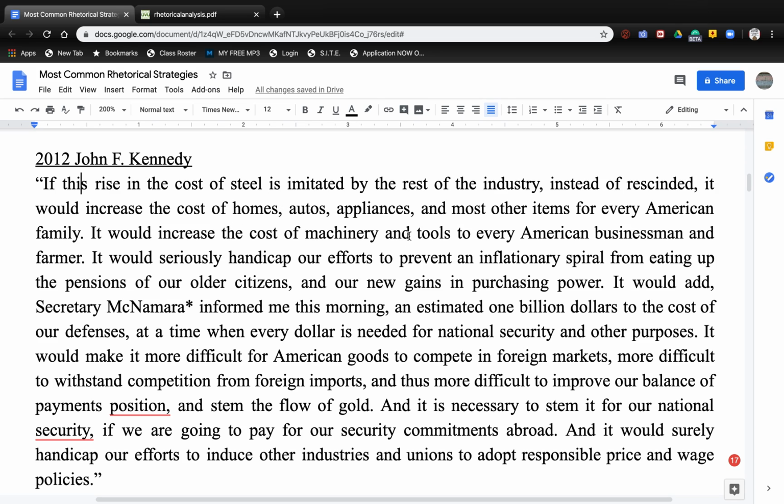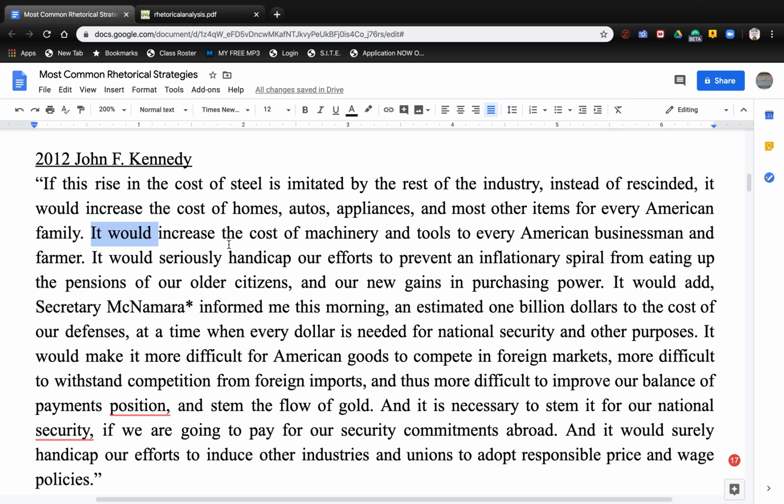It would increase the cost of machinery and tools to every American businessman and farmer. It would seriously handicap our efforts to prevent the inflationary spiral from eating up the pensions of older citizens, and so on and so forth. Now, we could note that this is an anaphora.